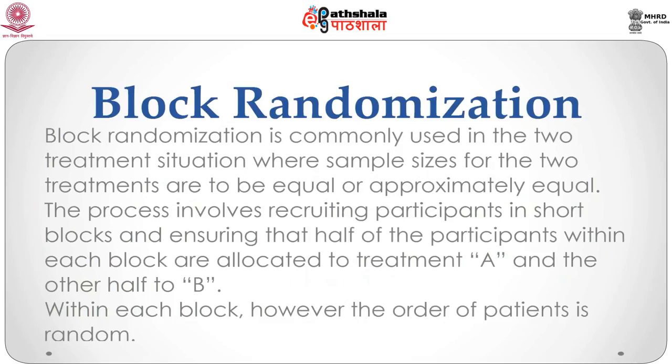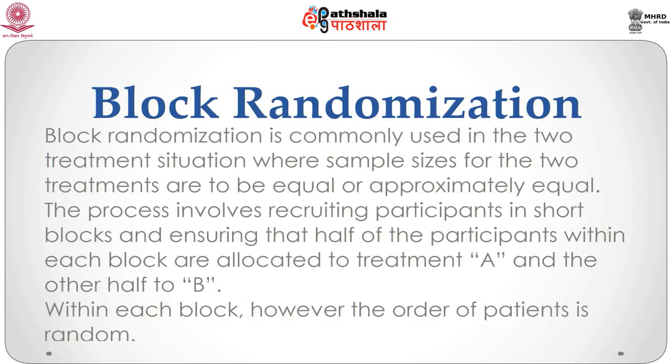When we perform sequential randomization, a common popular technique is block randomization. So, block randomization is used in a two treatment situation, for example, when the sample sizes for the two treatments are to be equal or approximately equal.